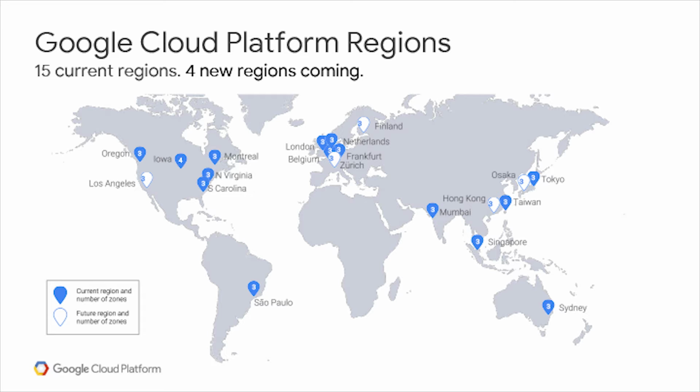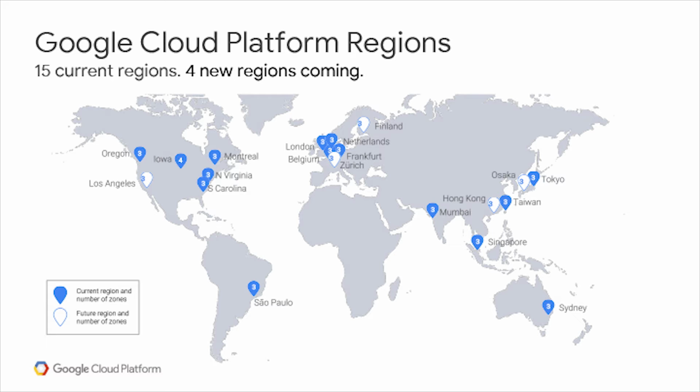So this is a map, and I'm not sure that it is up to date, but you can see that we have a presence in almost every part of the globe. We have regions, the ones in blue, and within the region you see a number that corresponds to a zone.